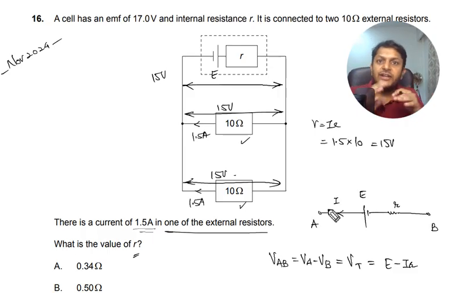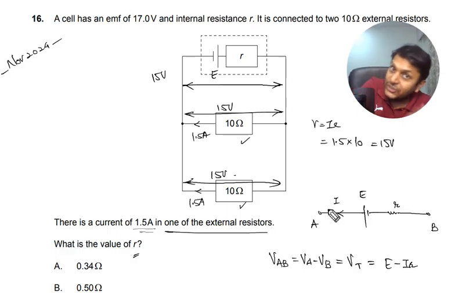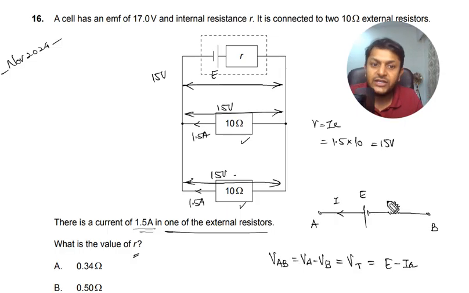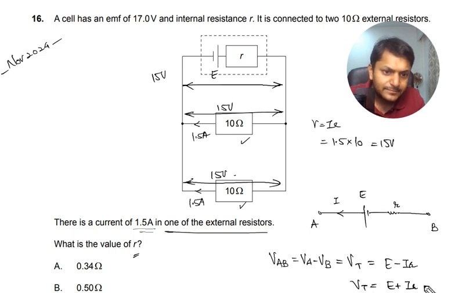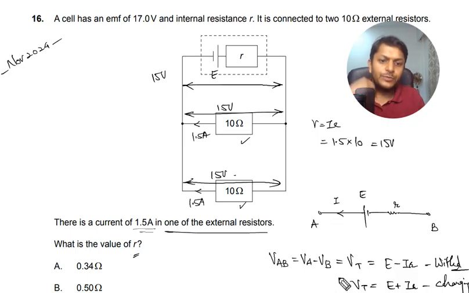If current is not withdrawn but is going into the battery, charging the battery, then there is another formula: for charging, it becomes E plus IR, and E minus IR is in the case of withdrawing the current. I hope that is clear now.